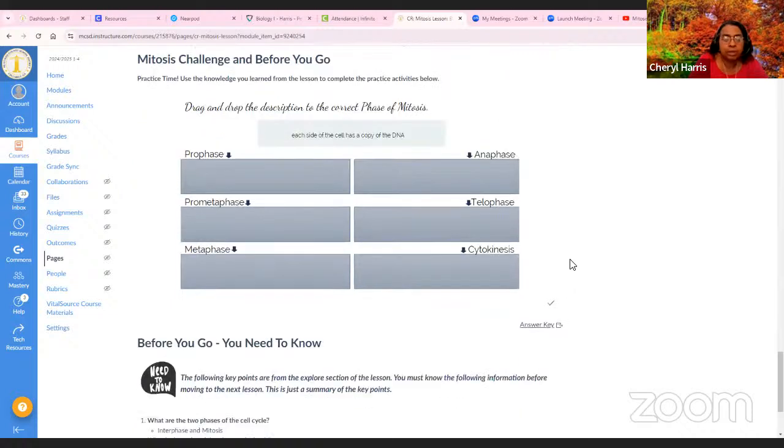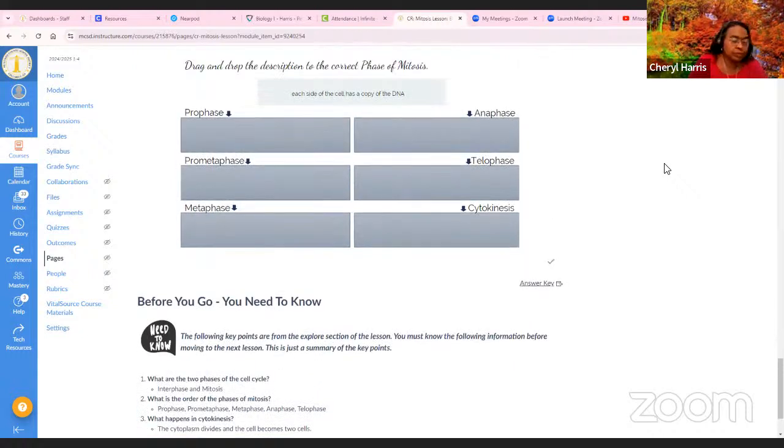All right, take a minute to go through this drag and drop section. It says drag and drop, but mine isn't dragging. There we go. Okay, so you got two.